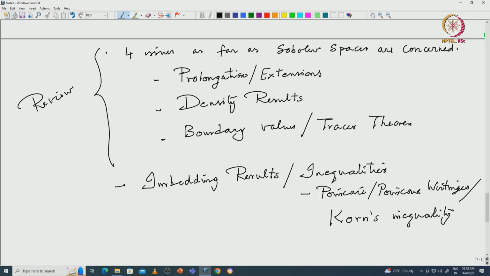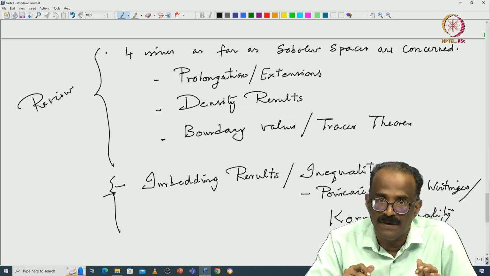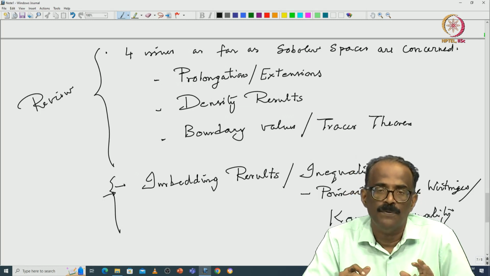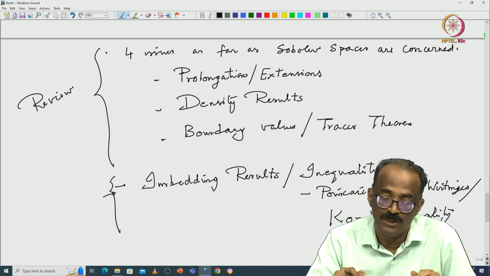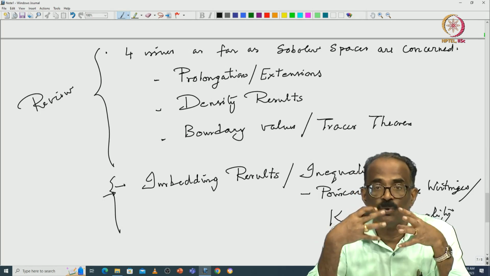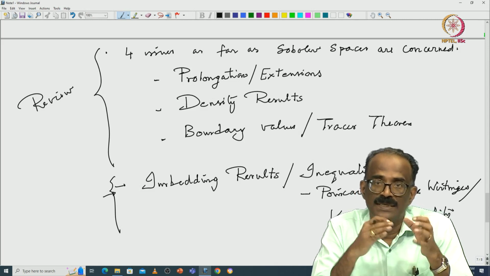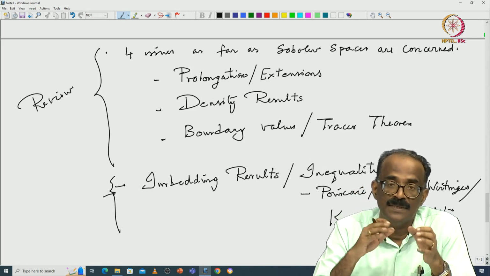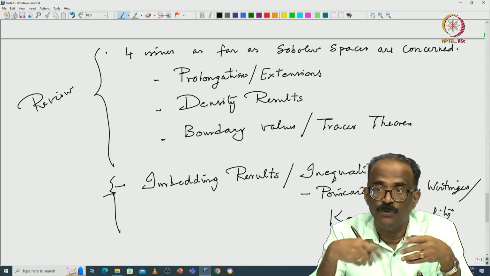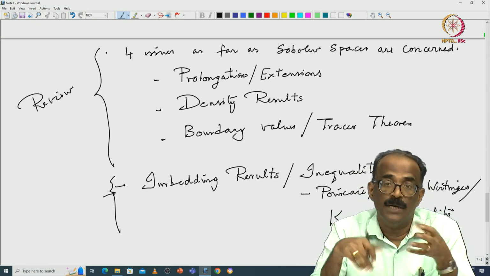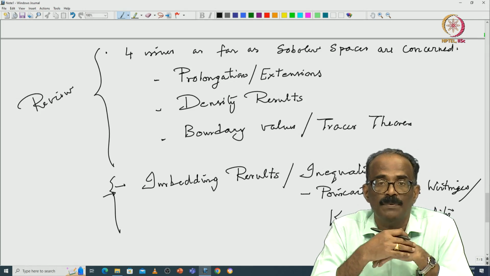These things will be discussed in a little more detail after the review article. So, we will finish this first lecture and then continue the review of all these issues: prolongations, densities, just to recall. If you want to study and write your examinations, it is better that you review these things thoroughly, including the proofs which I will not be giving. Thank you.